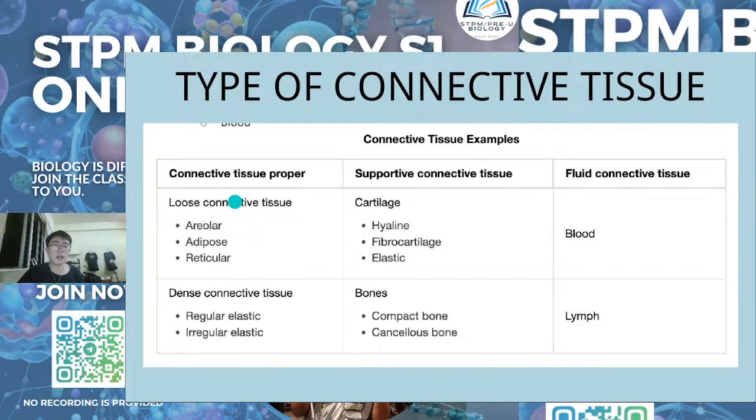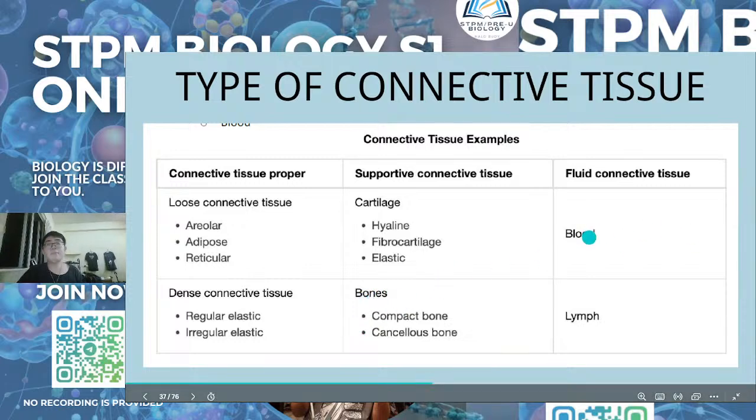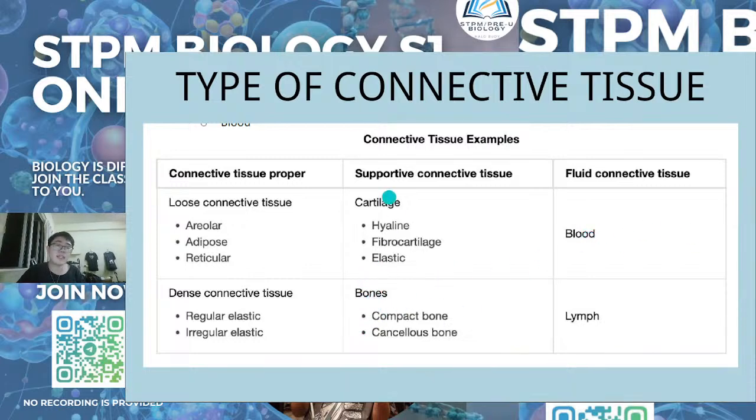I think the easiest one is blood. Blood, bone, cartilage are examples, and also our adipose tissue, and also dense connective tissue and loose connective tissue. So all of these you should learn in your syllabus. I will explain one by one.